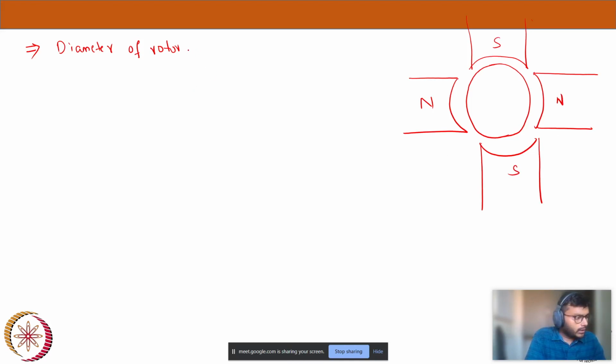Diameter of the rotor is equal to D, and let's say it's a 4-pole machine.